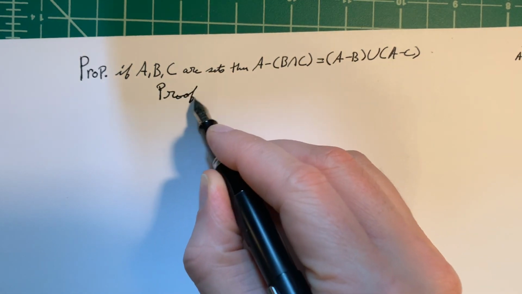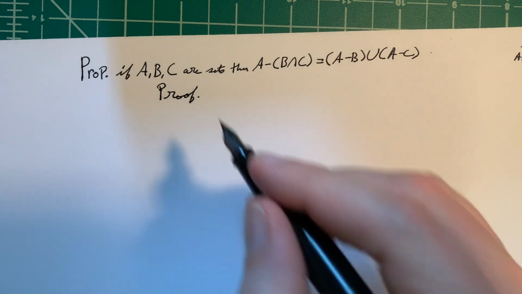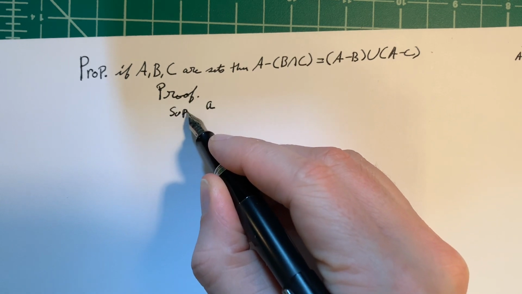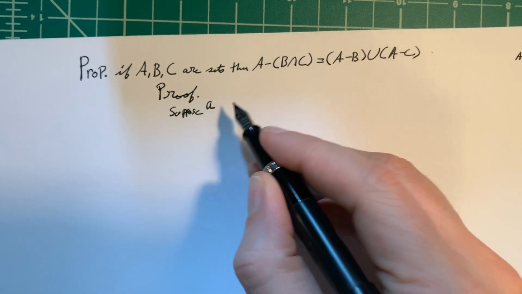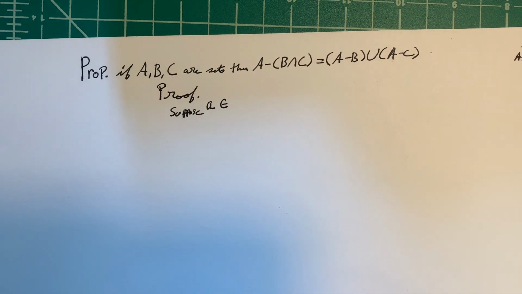So proof. Let's try to write a proof of this. Again, with sets, usually what you do is you say, okay, well, suppose that some element a, lowercase a, we use lowercase for elements to note that it's not another set.